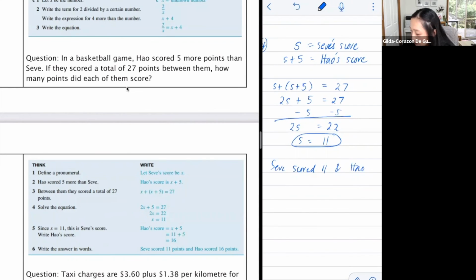Then that's 16. Howe scored 16 points. Okay, the expectation is you write the answer into a sentence form as well. Okay, right? So you write your representation, you write your solution. Okay, you write your equation, then your solution.